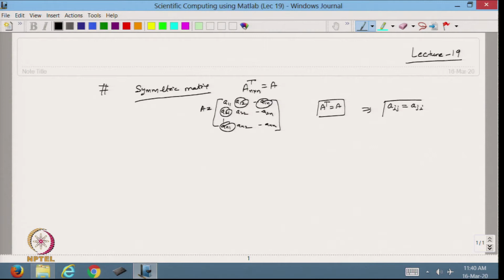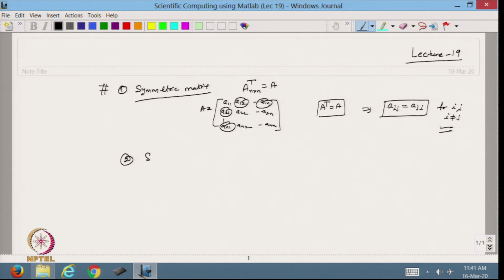If this is true for all i, j such that i is not equal to j, because except for the diagonal elements all the elements should be the same, then it is called a symmetric matrix.